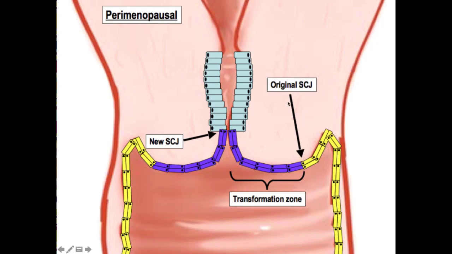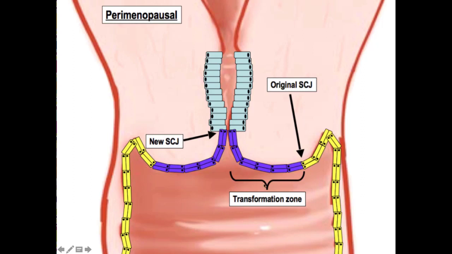This is then the original squamocolumnar junction because it's normally seen by gynecologists in the reproductive life of the woman. So it's originally here, and then it can shift back here endocervically, and the part between the original and new junction is called the transformation zone.